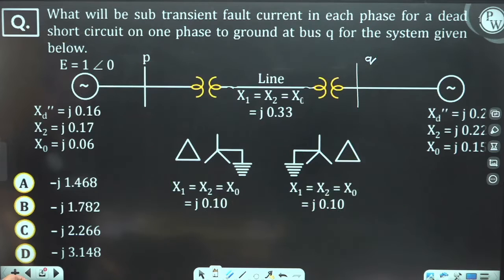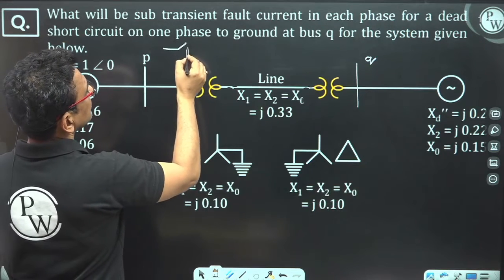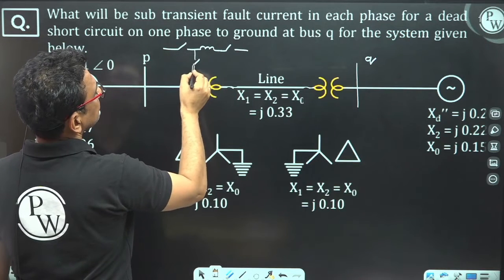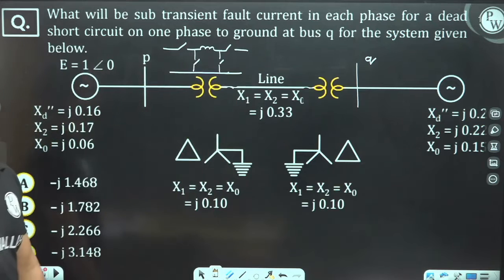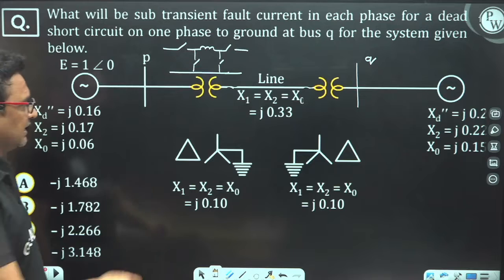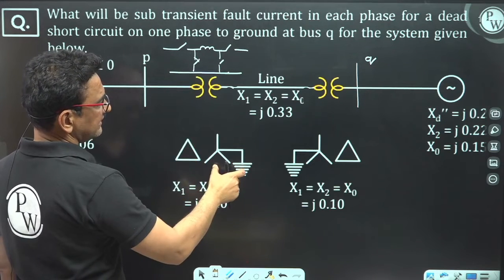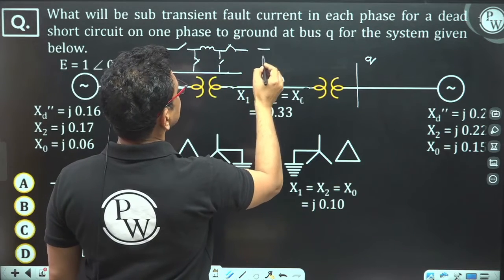The transformer connection is delta star. I told you, this is our circuit for drawing the zero sequence network of a transformer. The primary side is delta, so this will be connected. The secondary side is a star with ground, so this will be connected. So it will be like this.